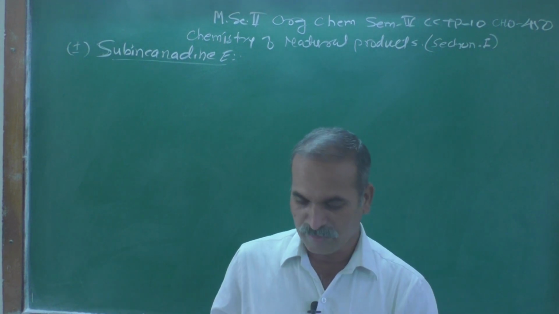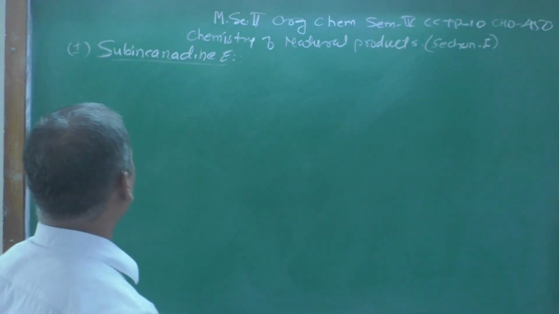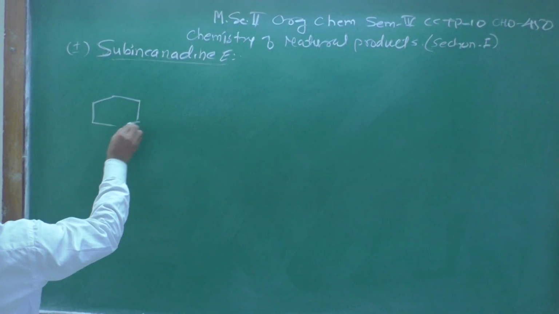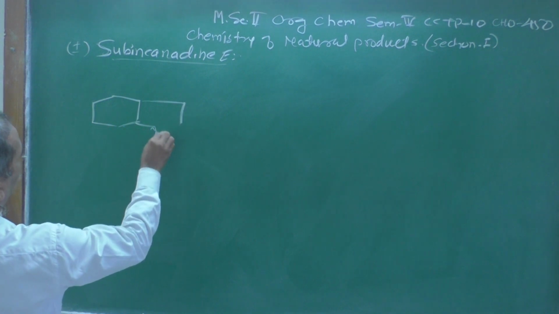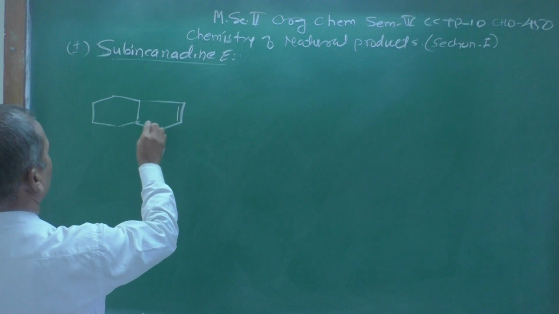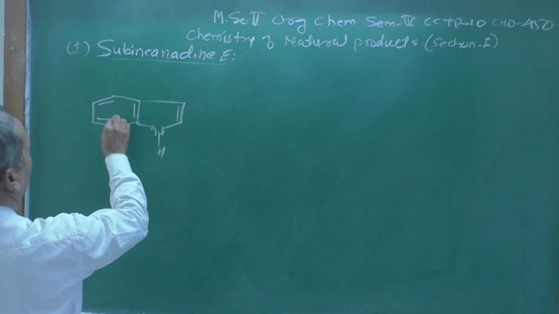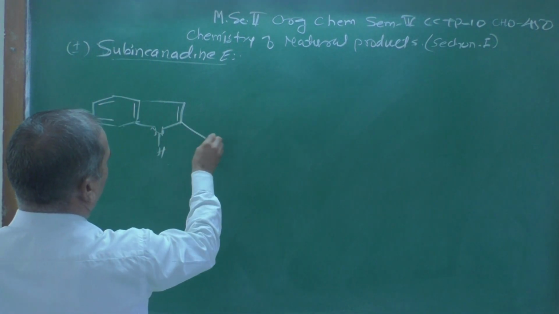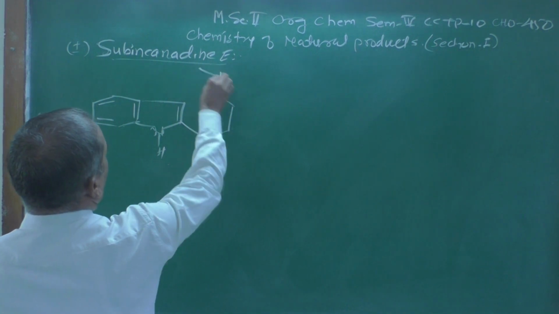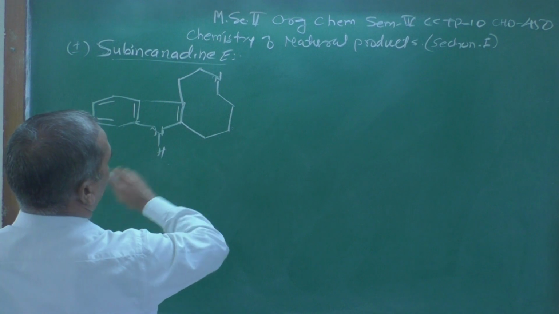The sabine canadine E, as we know, is the target molecule. Let's see the structure of sabine canadine E. So this is a structure which I am representing here. You can observe this structure carefully.